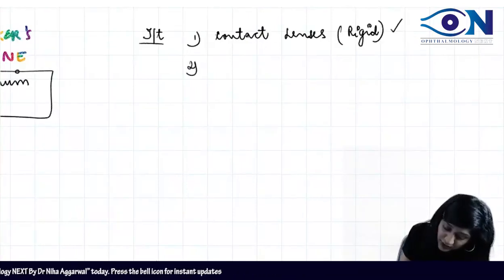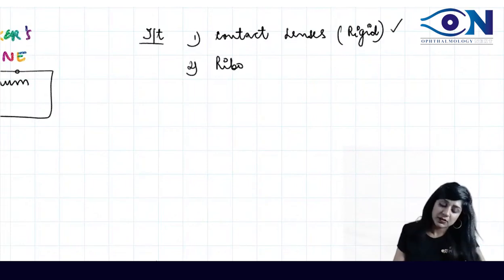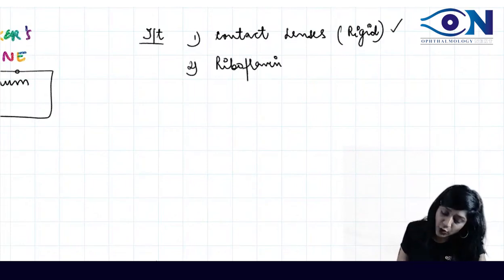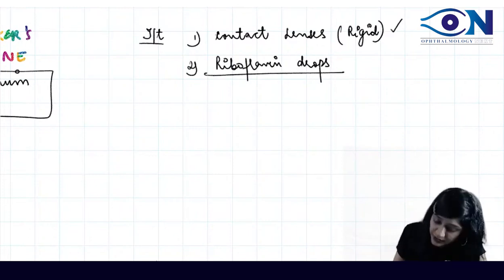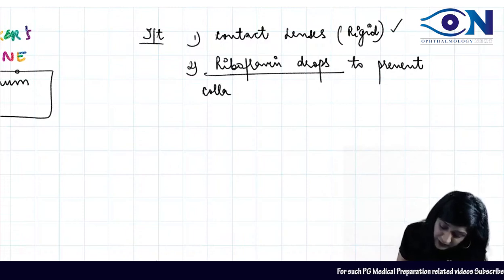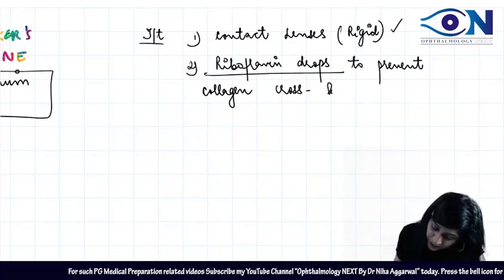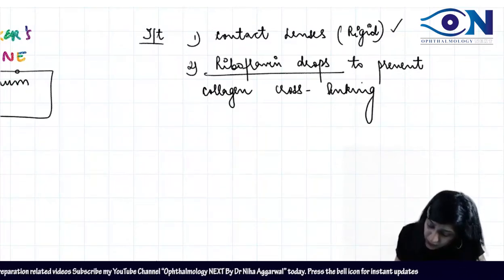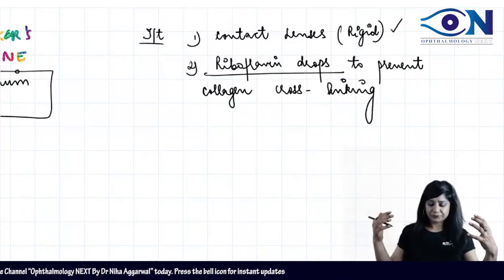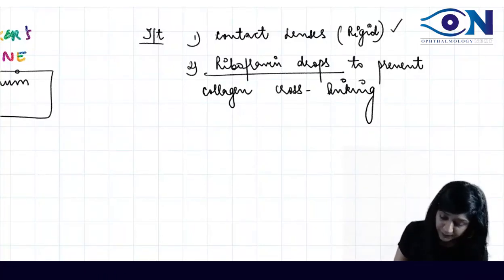Number two, we can also give riboflavin drops. These drops are to induce collagen cross-linking, so that we can prevent the progression.